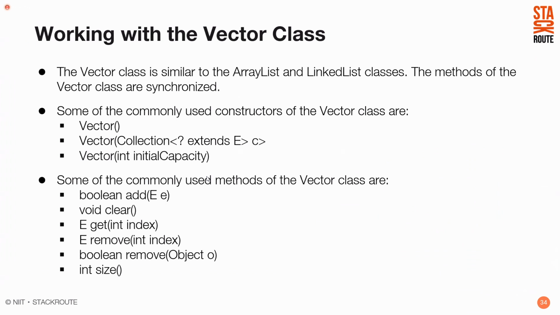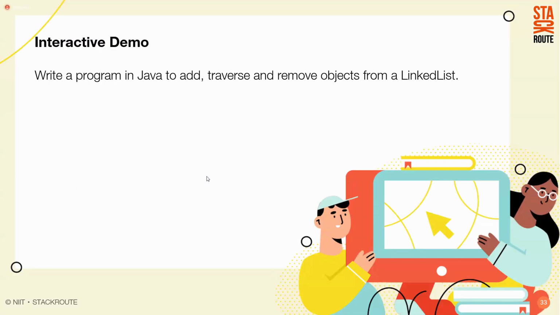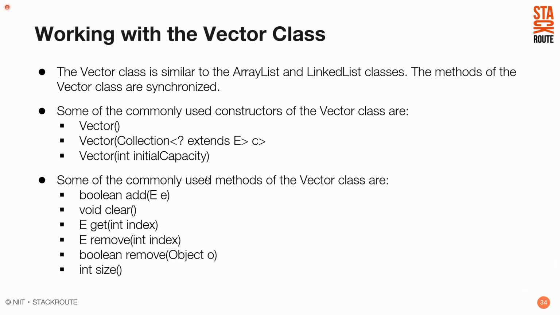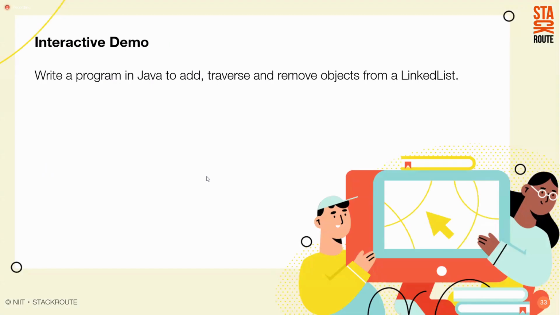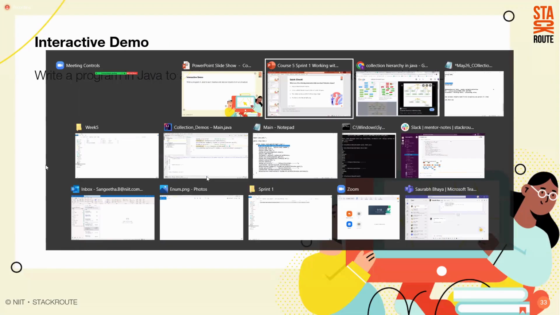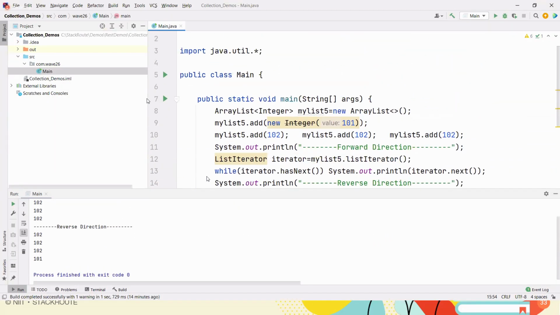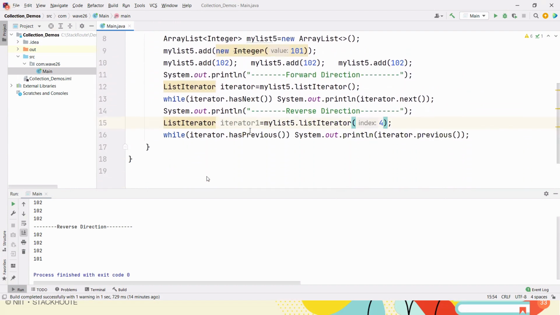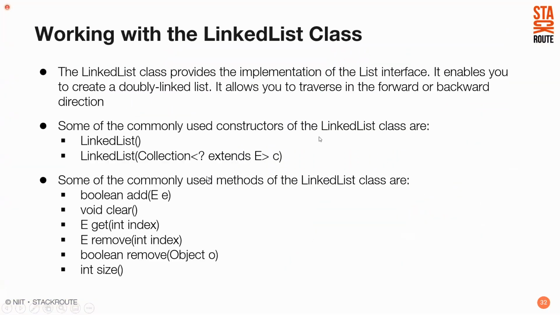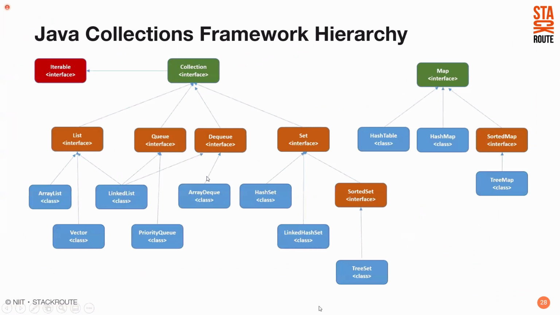All right. So what we can do is, I'm giving you a break of 10 minutes. Listen carefully. Post break, I want you to practice a sample program on array list, linked list, and vector with all these methods. Go for both forward and backward traversal. Once after completing it, we will continue with generics.